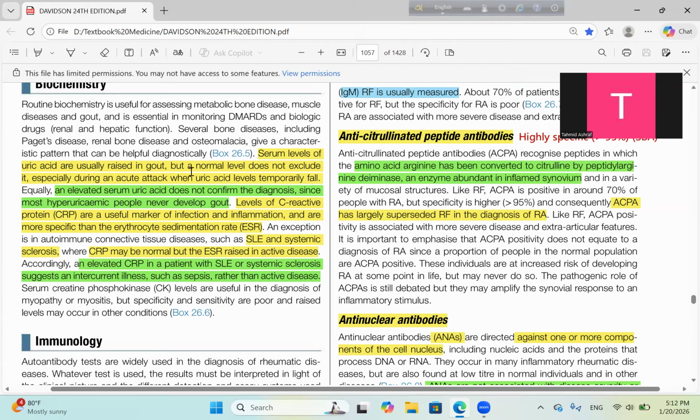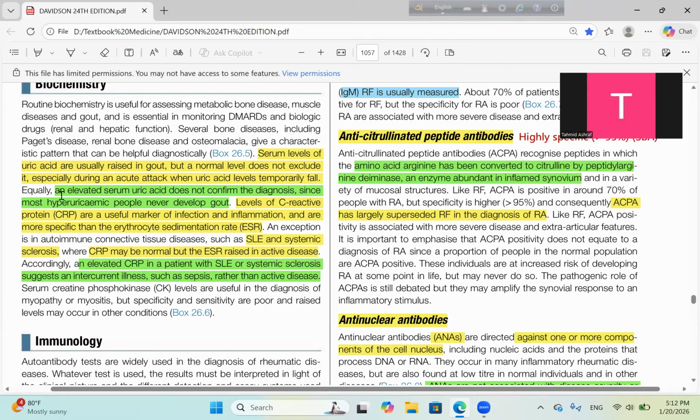But we have to remember that a normal level of uric acid does not exclude gout. So if someone has acute monoarthritis, and we advise serum uric acid and the results come normal, we cannot say that he doesn't have gout. It is not a universal feature.